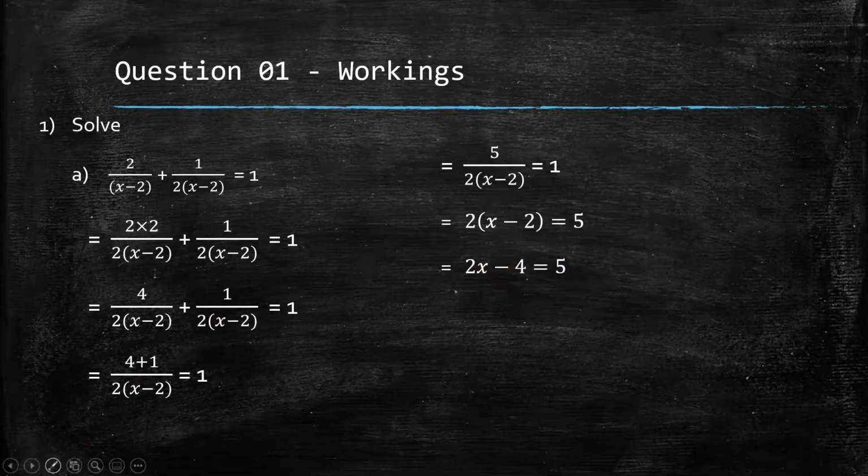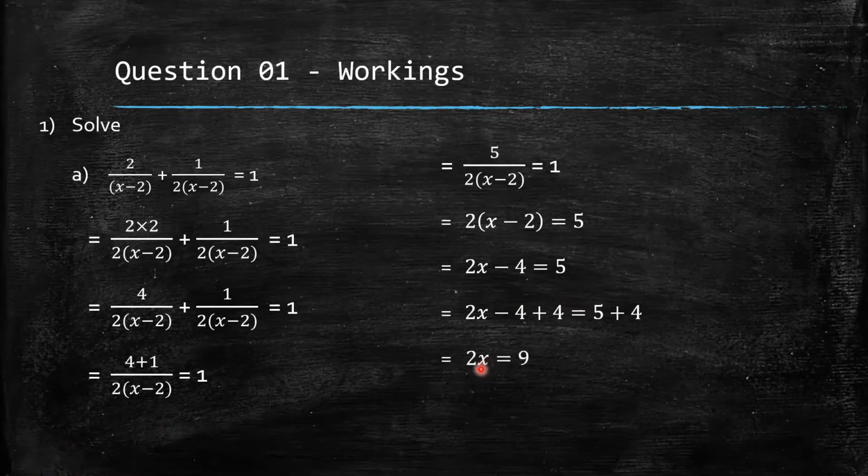To remove minus 4, I add plus 4 to my left hand side. So it will be 2x minus 4 plus 4. And once you do something to your left hand side, you have to do the same thing to your right hand side. So 2x minus 4 plus 4 will be equal to 5 plus 4. So you can see minus 4 plus 4 cancels here and here it becomes 9. So 2x will be equal to 9.